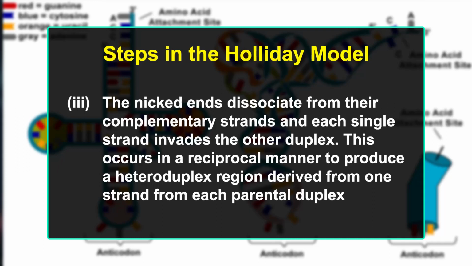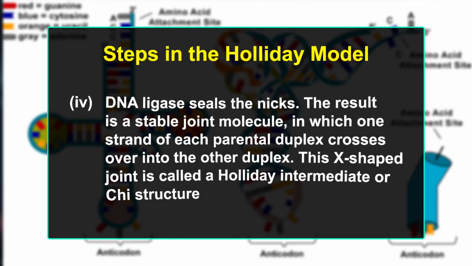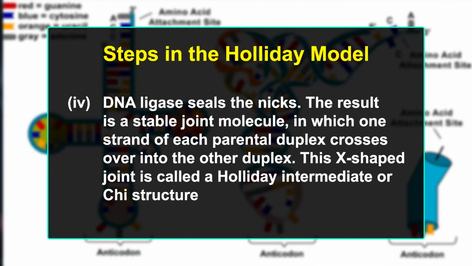This occurs in a reciprocal manner to produce a heteroduplex region derived from one strand from each parental duplex. DNA ligase seals the nicks. The result is a stable joint molecule in which one strand of each parental duplex crosses over into the other duplex.